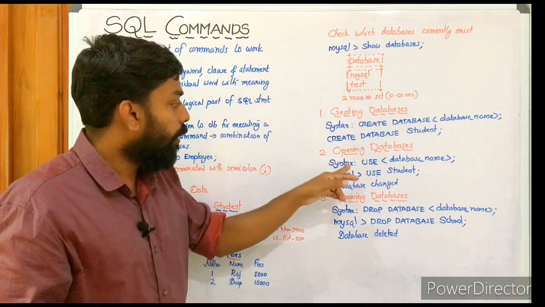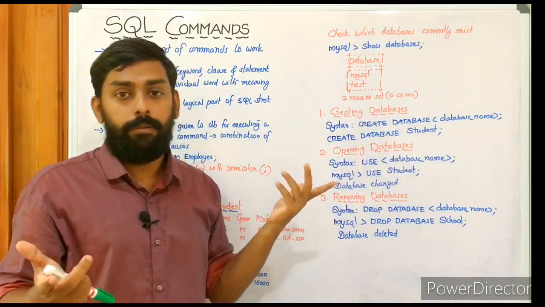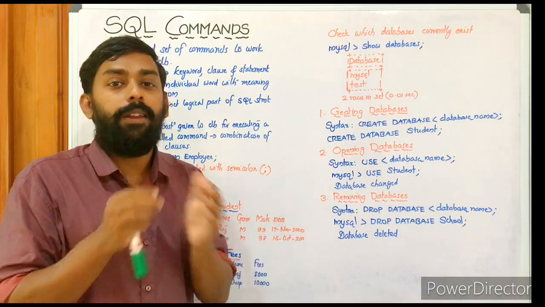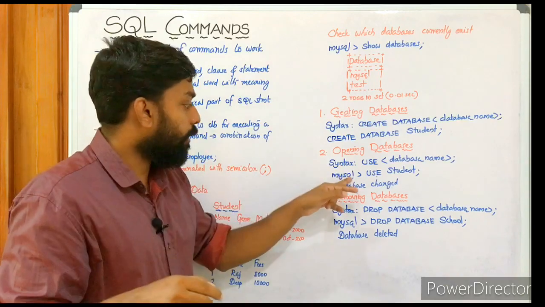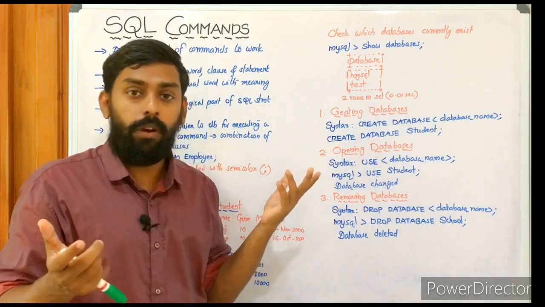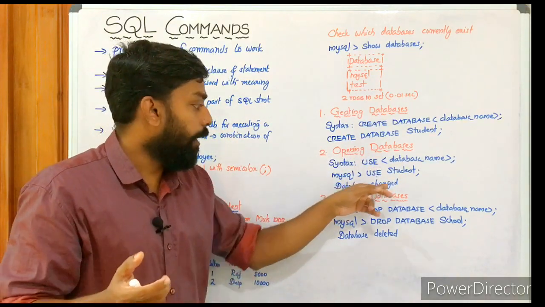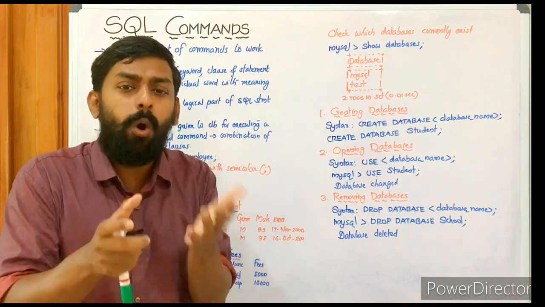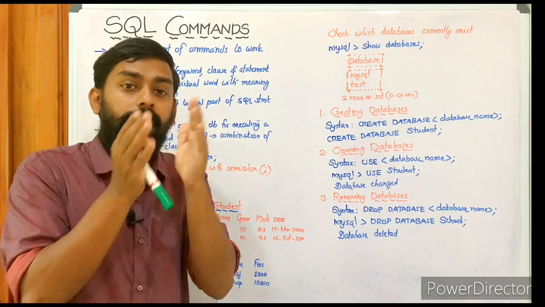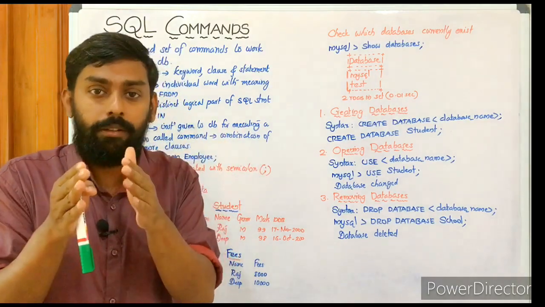It's very simple. The syntax is use database name, semicolon. Use database name opens the database which we are mentioning. For example, at the MySQL prompt, use student. What happens? Database changed. You can use it. Why do we want to open it? Because after creating a database, you have to open it, you have to use it.